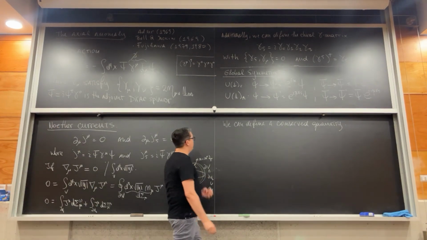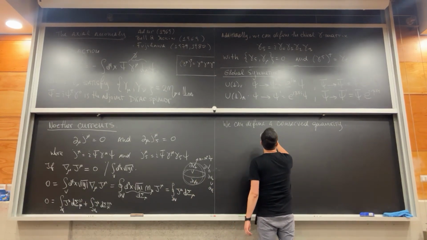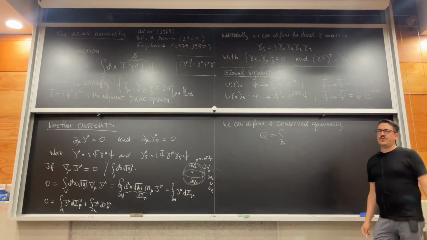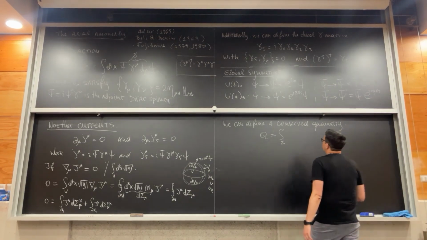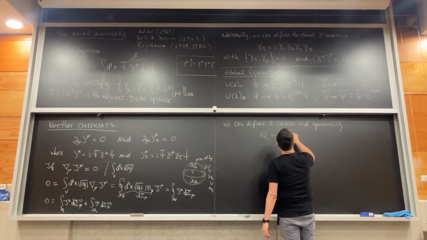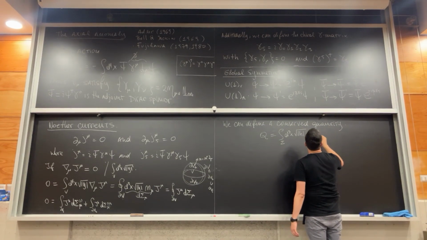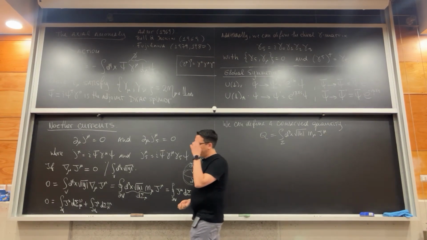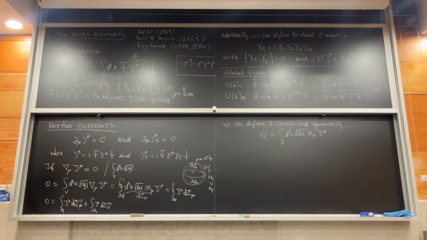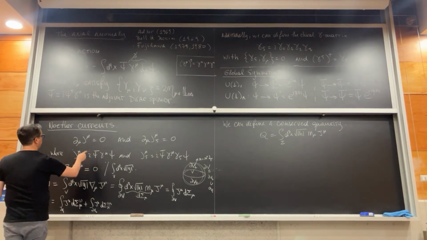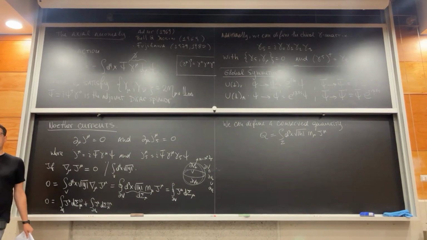And so in this case, I will define it over, let's say, Σ, which is a codimension 1 hypersurface in this case, and this will be the integral of d³x √h n_μ J^μ, okay? And so I can associate now a conserved quantity to these two currents in this case.